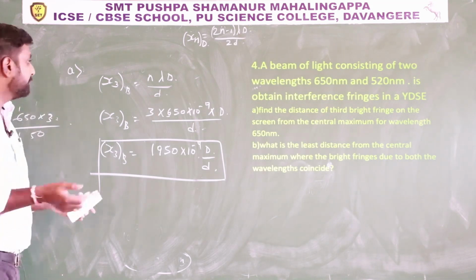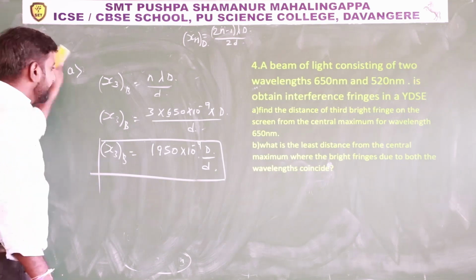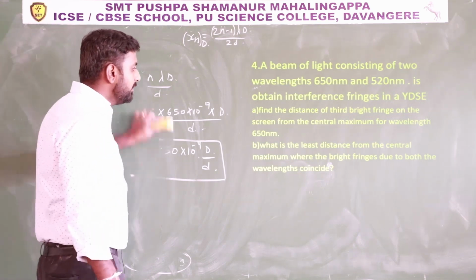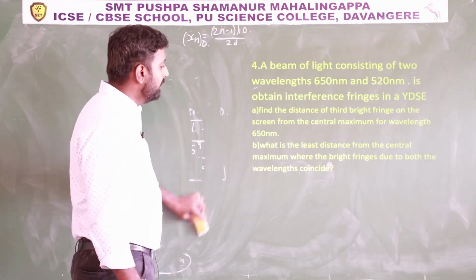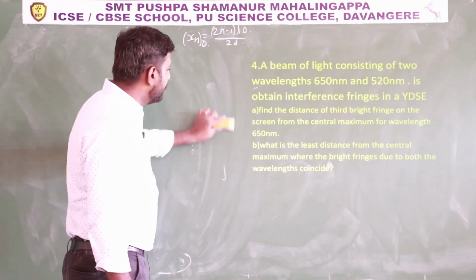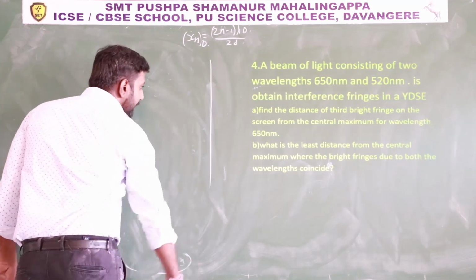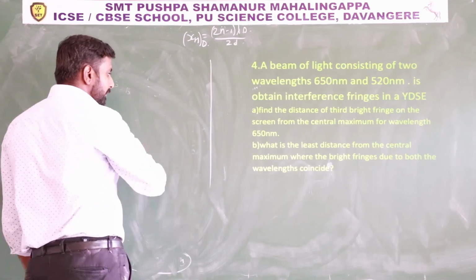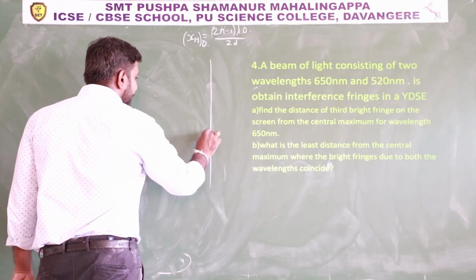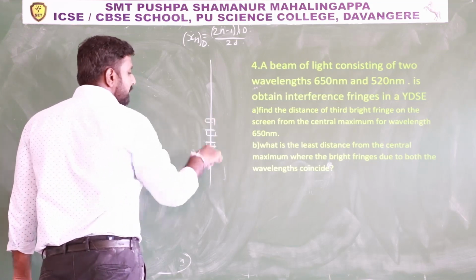And next question: what is the least distance from the central maxima where the bright fringes due to both the wavelengths coincide? That means on the screen, if only one wavelength is used, it will form bright and dark fringes.